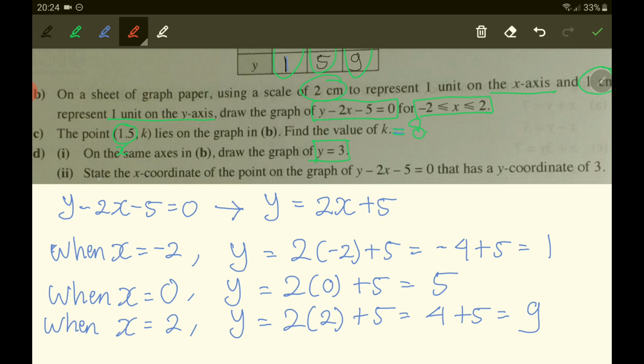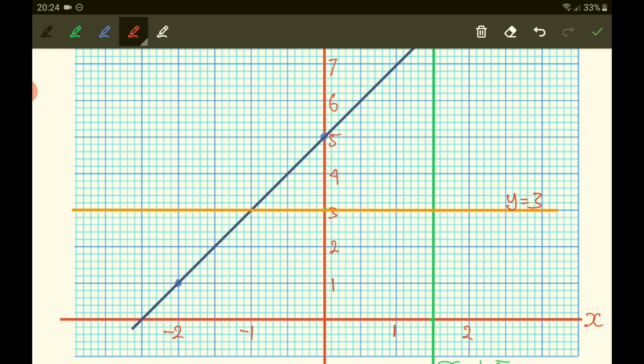And then the second part: state the x coordinate of the point on the graph of y minus 2x minus 5 equal to 0 that has y coordinate of 3. So when y equals 3, what is the x coordinate on the graph? Here we can see from the line y equal to 3 that the value of y is 3. And then what is the value of x?